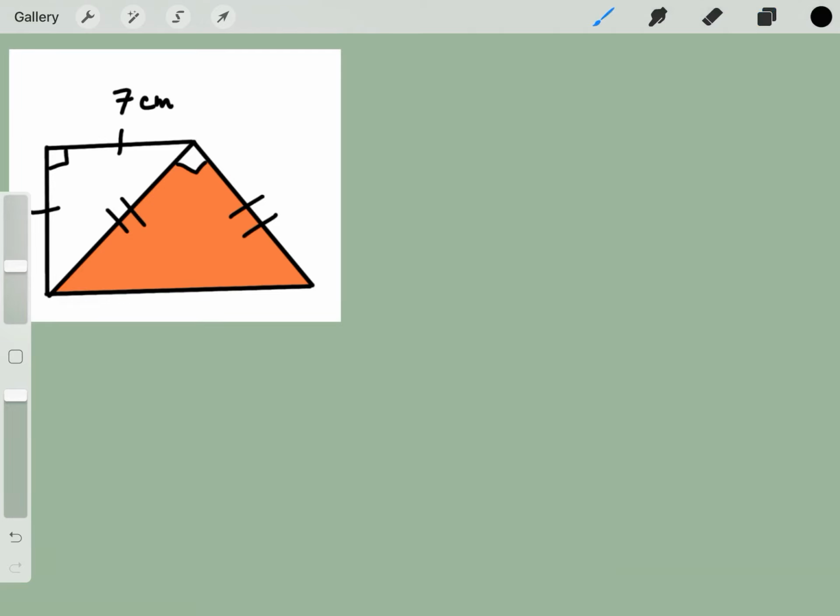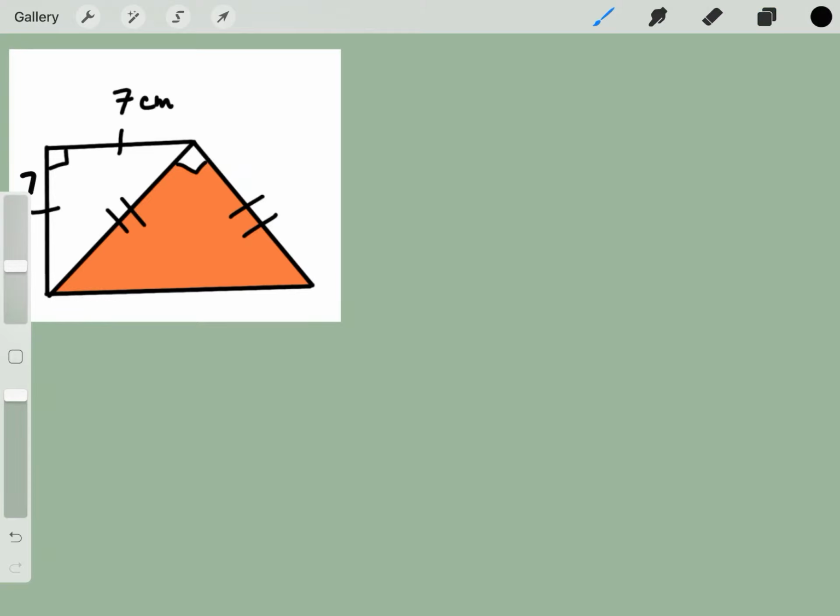All right. Now for this figure, I only have one measurement and a bunch of missing pieces, and I want to find the area of that orange triangle. But what type of triangle is the white triangle? So you could have either said it was an isosceles right triangle, or you could have said it's a 45, 45, 90 right triangle.